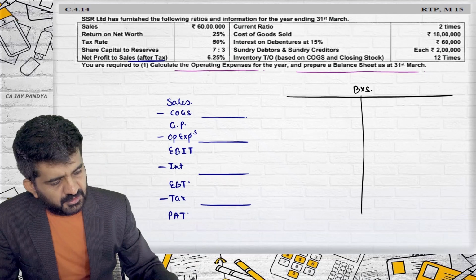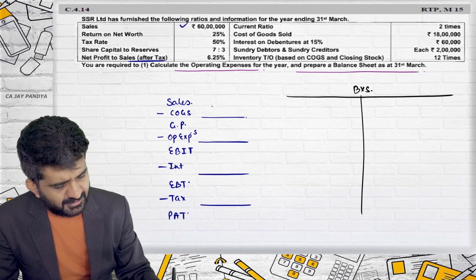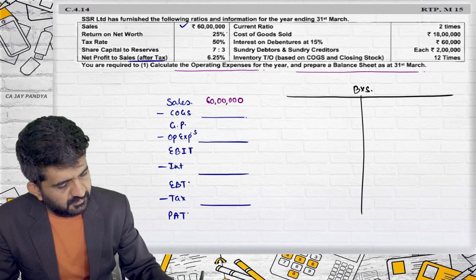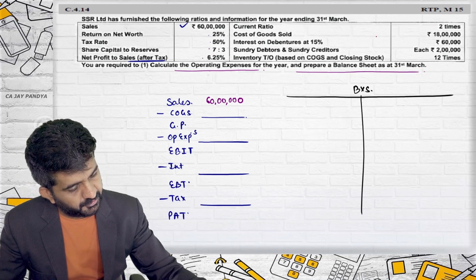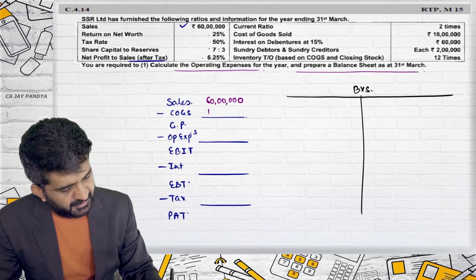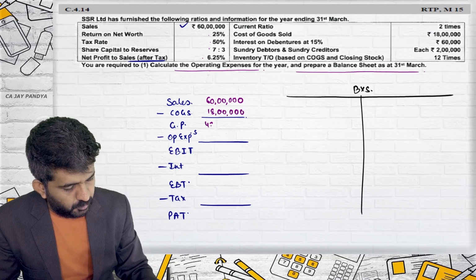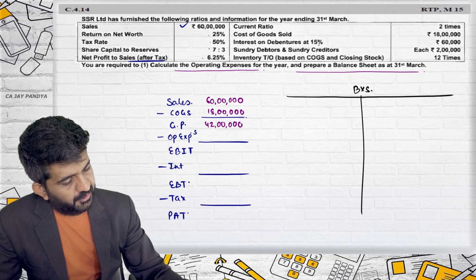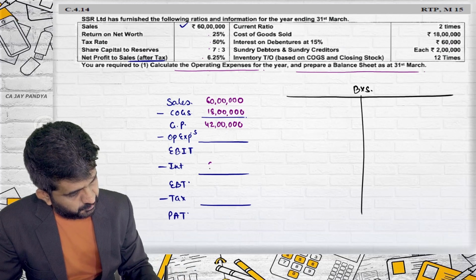Alright, which figures are readily available? Sales 60 lakhs, I can write down 60 lakhs. Those all are ratios, current ratio. COGS 18 lakhs. So this will be 42 lakhs. Interest on debentures at 15% is 60,000.